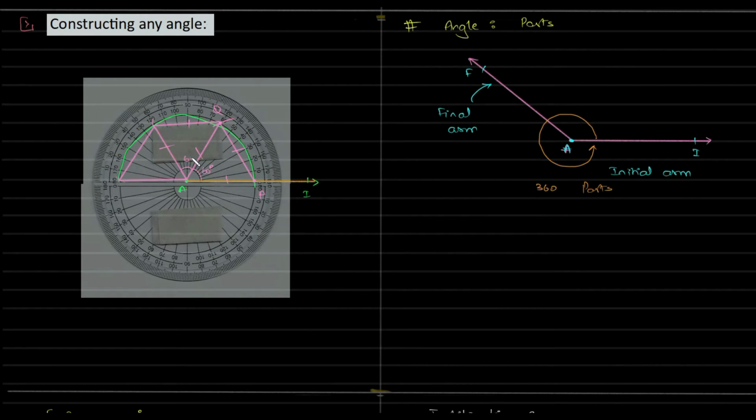So this is 60 and one more 60. So we have 60, 60, 60. If we want 120 degrees, I'll stop at the second 60. 180 degrees at the third 60. So this entire thing gives me half a rotation.